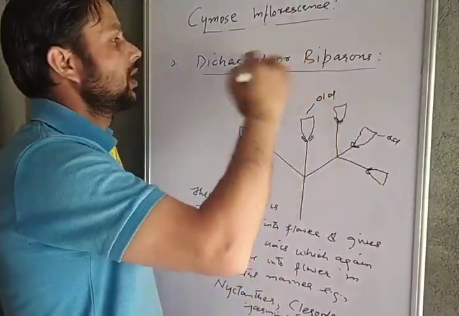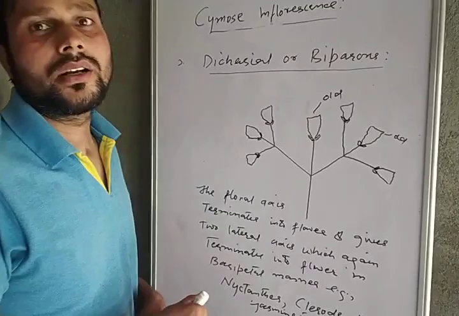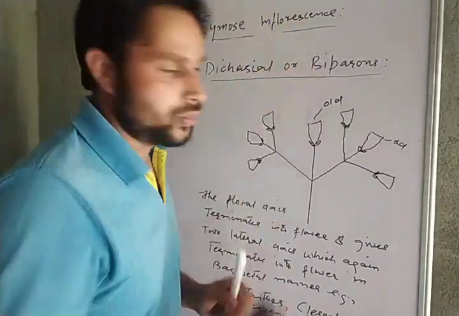This process continues, and this is biparous or dichasial cymose inflorescence.